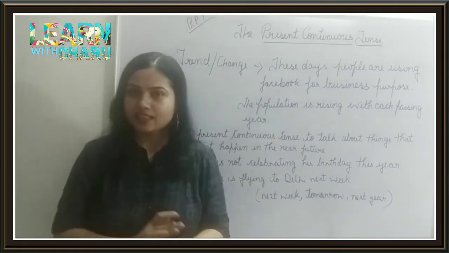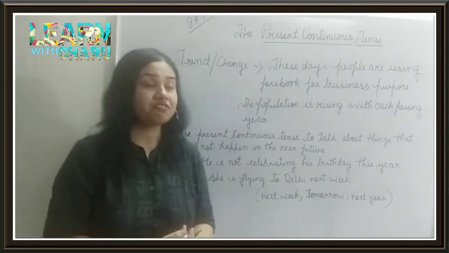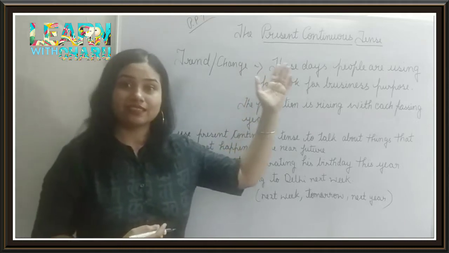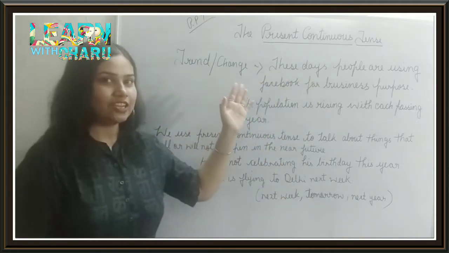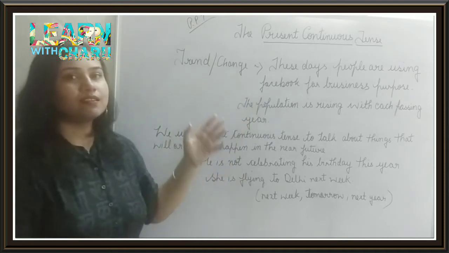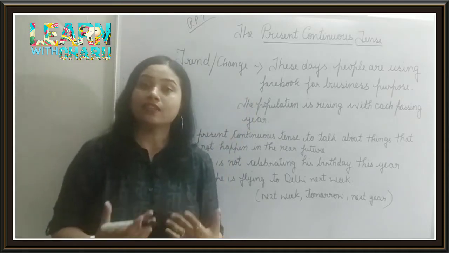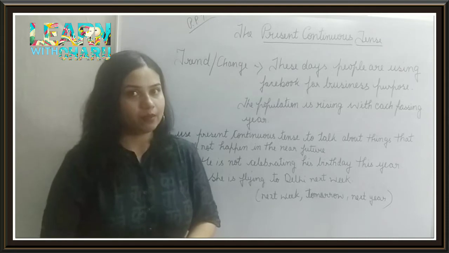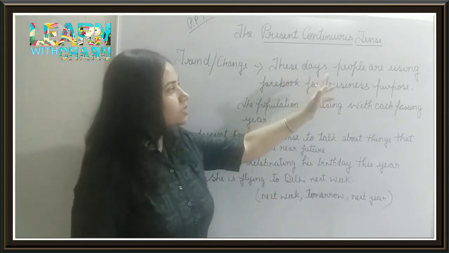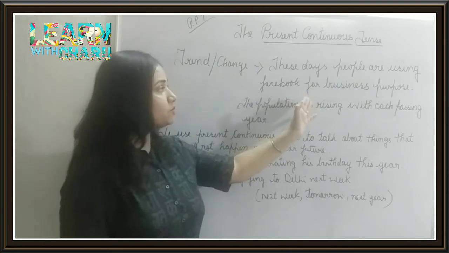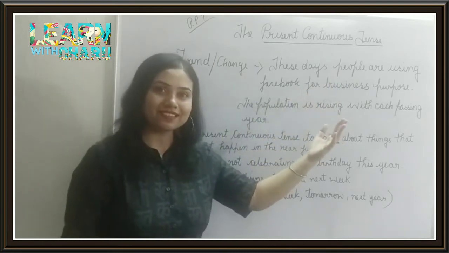Now let's come to another use of the present continuous tense. Trend and change. Okay, trend means that something is changing, something is developing, right? So what is that? These days people are using Facebook for business purposes.